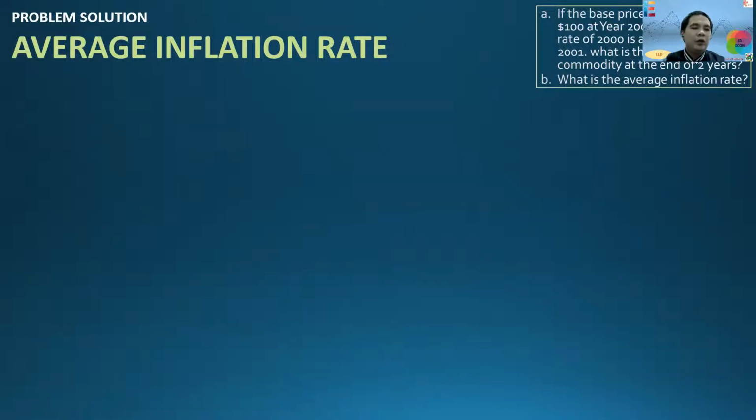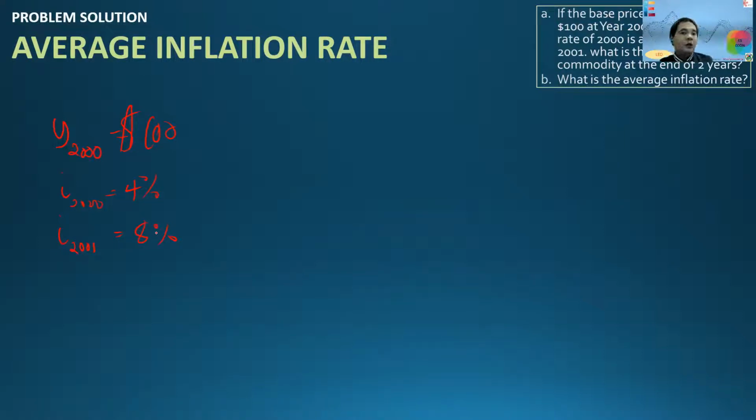So, for example, you have your year 2000 that is equivalent to $100. Your inflation in 2000 is 4% and your inflation in 2001 is 8%.